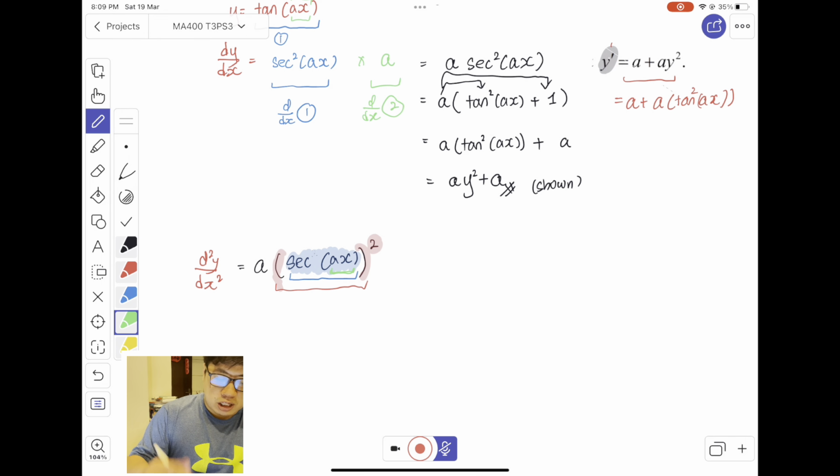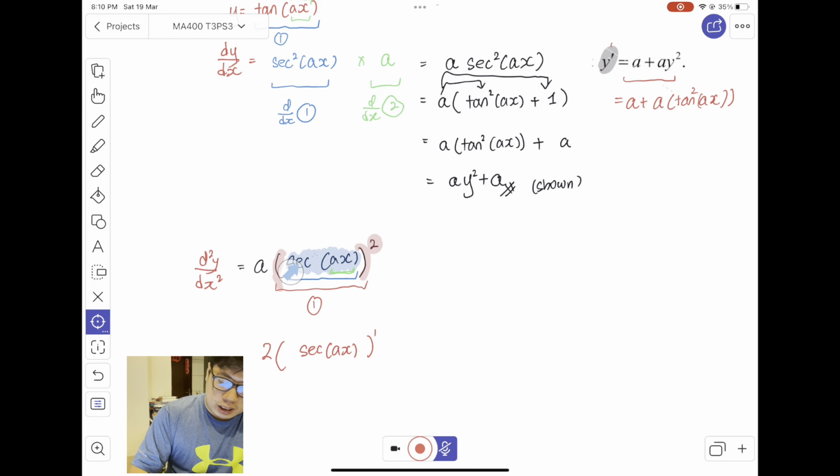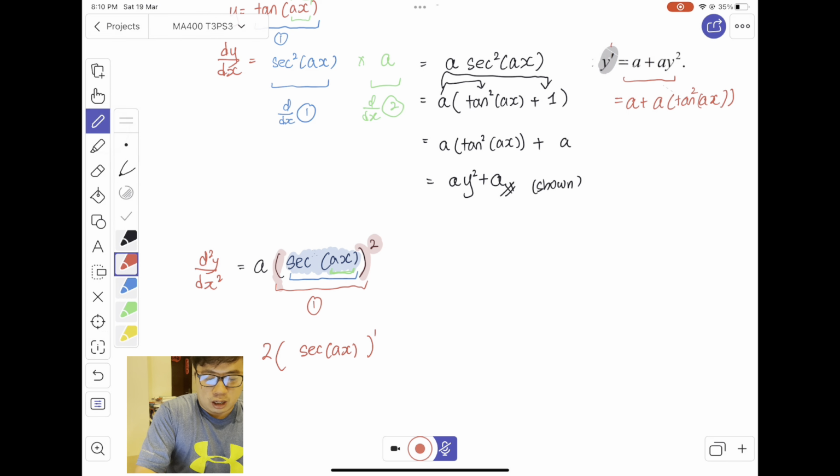So let's differentiate the first layer. Differentiating the bracket to the power of 2 gives us 2 multiplied by sec ax, and we just copy whatever is inside. Now differentiating the second layer, the one underlined in blue, which is sec ax, gives us sec tan.